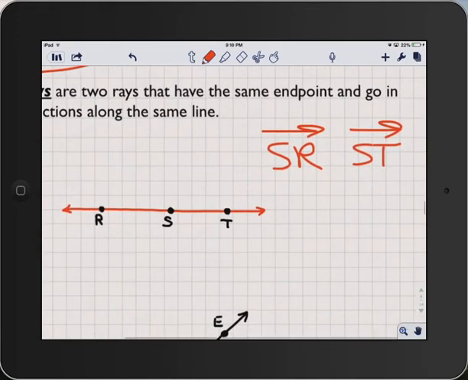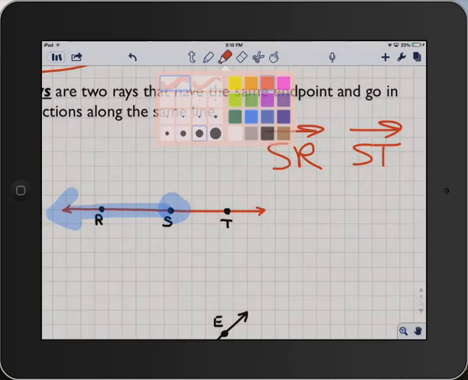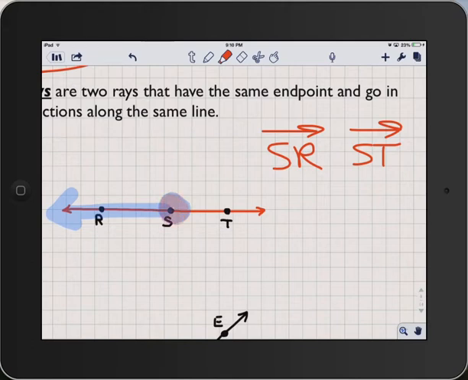Because they both start at point S. SR starts at point S and goes off to the left. Ray ST starts at point S, same endpoint, and goes off to the right. So all of the points are on the same line. The only point that the 2 rays have in common is the endpoint, point S, so therefore they are referred to as opposite rays.